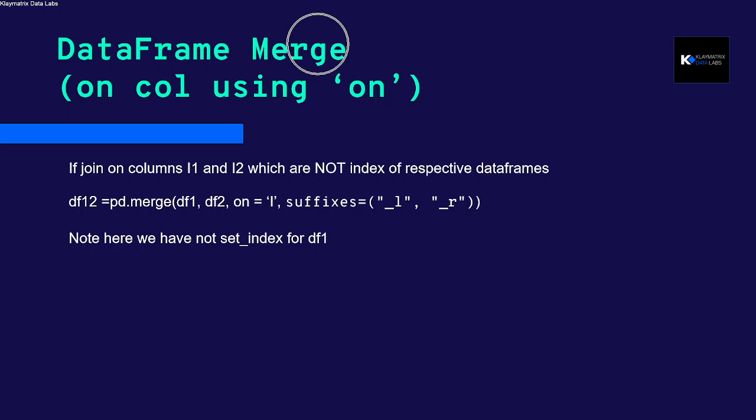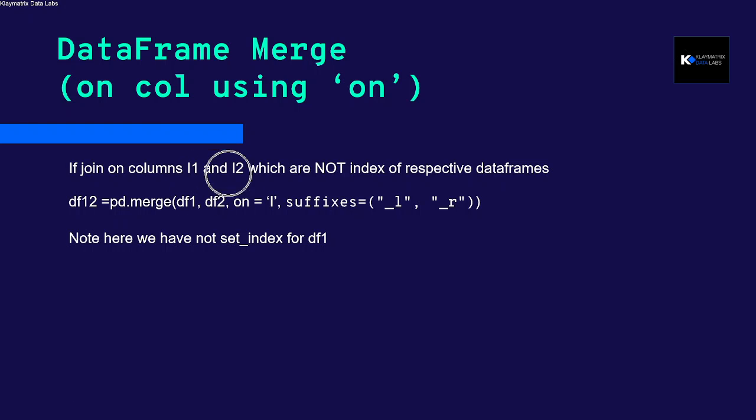So coming from the concept of join, if you have seen that video on join, we will use join if we want to use the indices of each data frame.